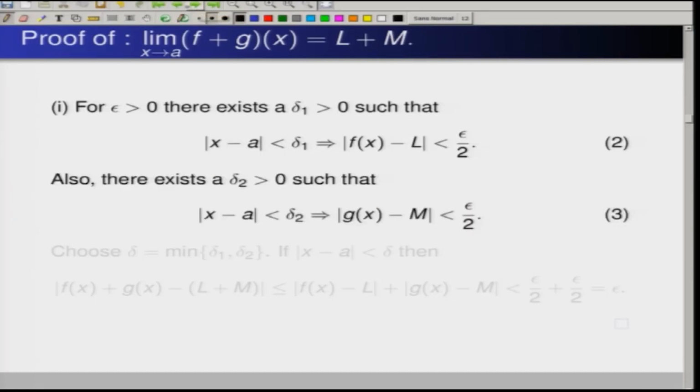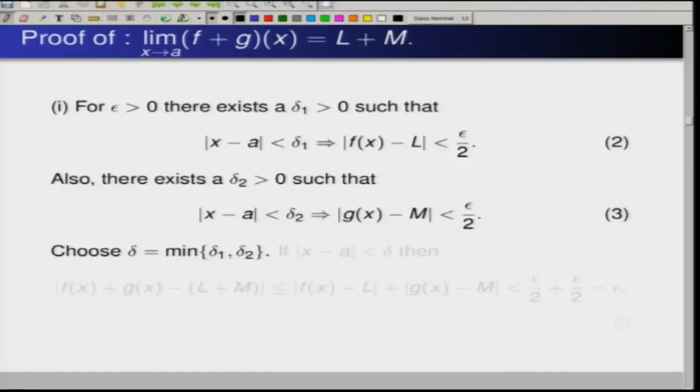Similarly, we will find a delta 2 for g. Remember that this is what all the time we say, that 0 is less than |x − a| less than delta 2. This will imply |g(x) − m| is less than epsilon by 2. Now, we take the delta to be the minimum of this delta 1 and delta 2.